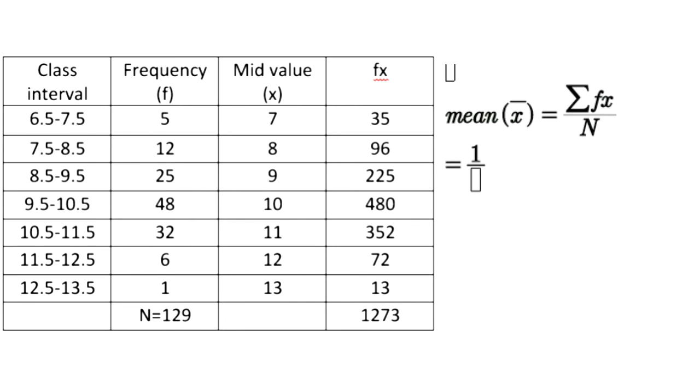Summation of fx equal to 1273 divided by n equal to 129, and this equals 9.87. Therefore, mean equal to 9.87.